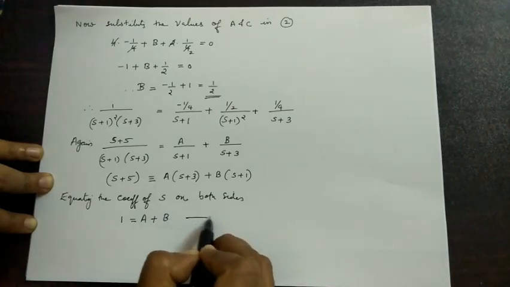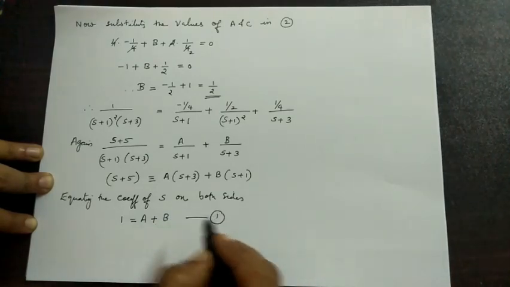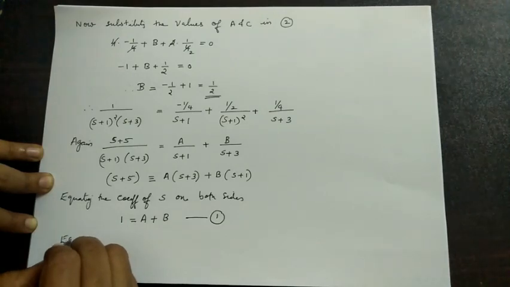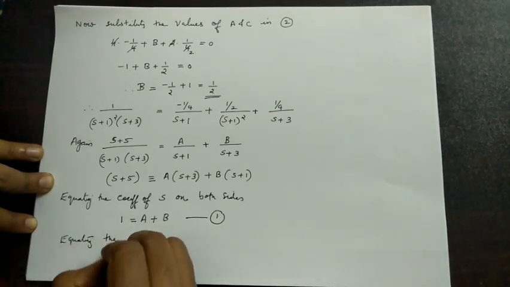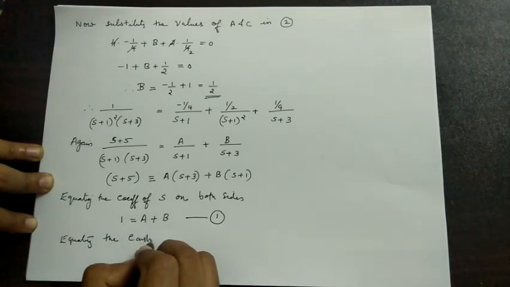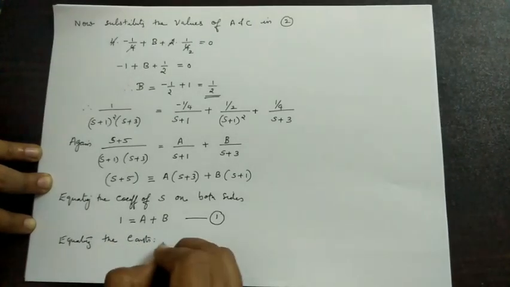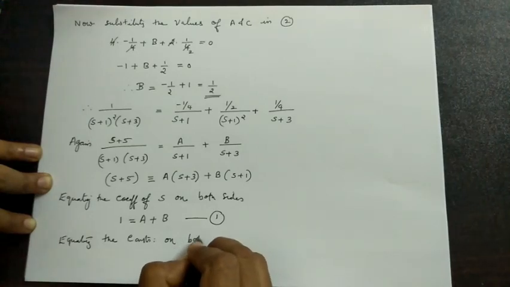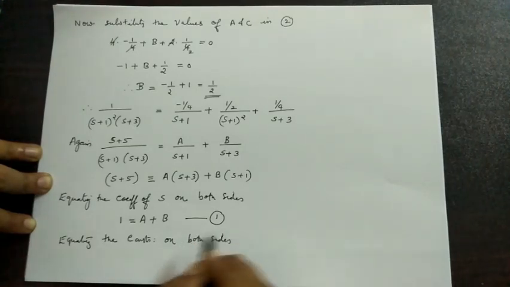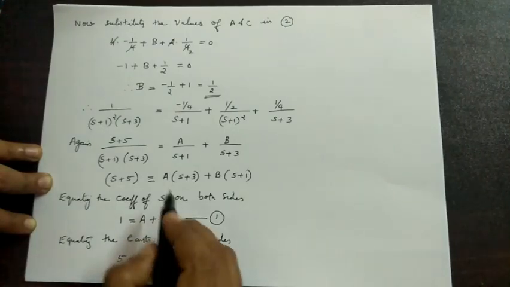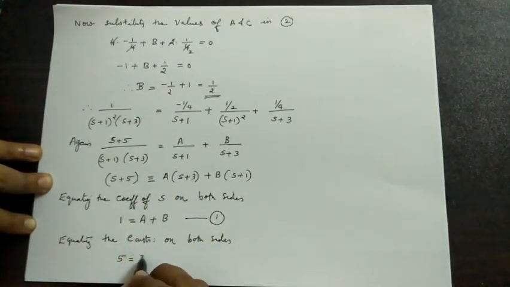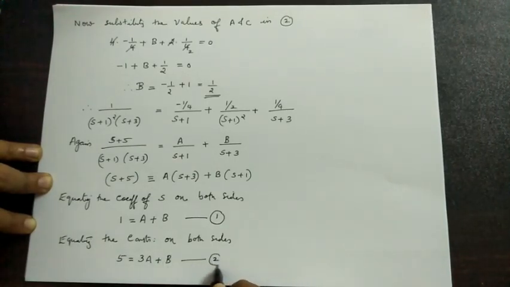Put it as equation number 1. Then equating the constants on both sides of this equation, we have 5 is equal to 3 into a, that is the constant value, plus b. Put it as equation number 2.